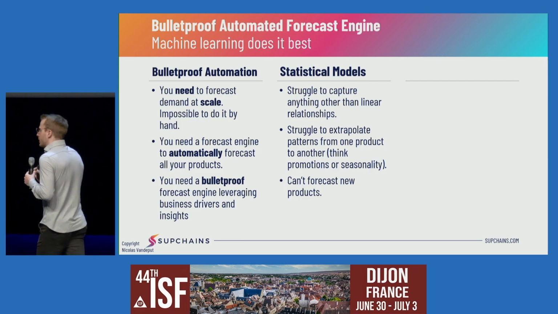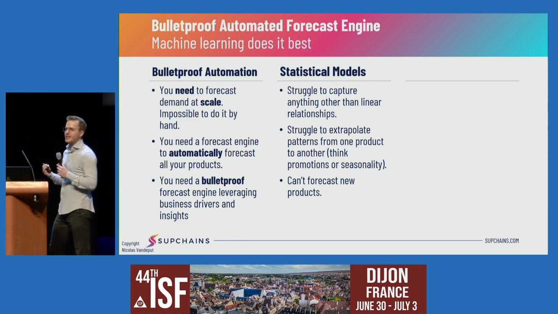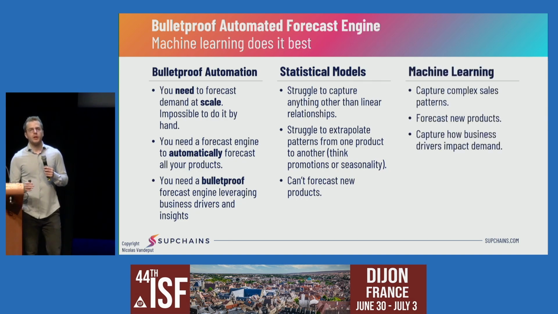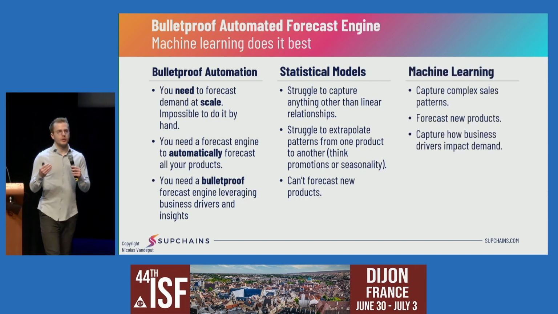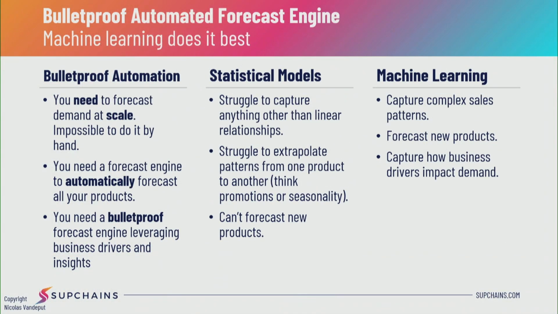I'm not saying it's totally impossible for a statistical tool to do that. I'm saying it's extremely complicated and it's not super accurate. So all in all, I would directly go for machine learning that can capture these complicated relationships, and basically the more data, the more insights you have, the better machine learning is going to be.